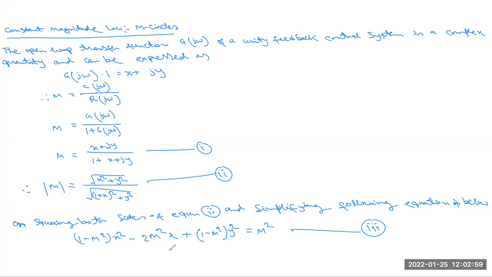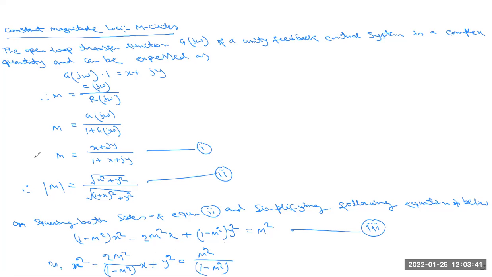The expression comes in this pattern. Now we arrange these equations: x square minus 2M square divided by 1 minus M square, we write this equation from this, then into x, plus y square, equals M square by 1 minus M square.